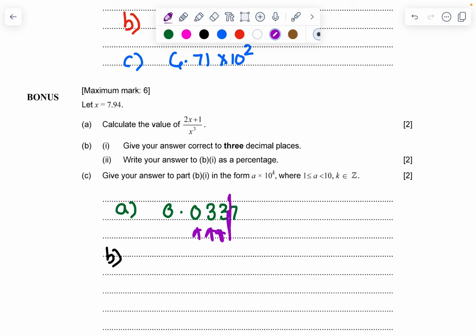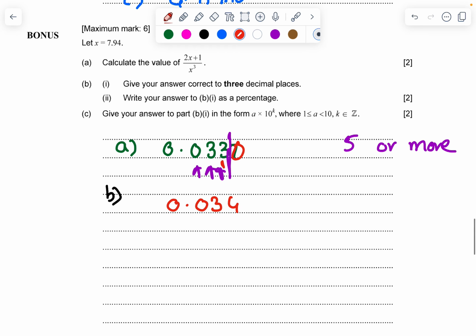Draw a line. It is 5 or more. Whenever it is 5 or more, what are you supposed to do? Add 1 and make 0. So 0.034. Write your answer as a percentage. So for percentage, I should be doing 0.034 times 100 divided by 100. So it's going to be 3.4%.